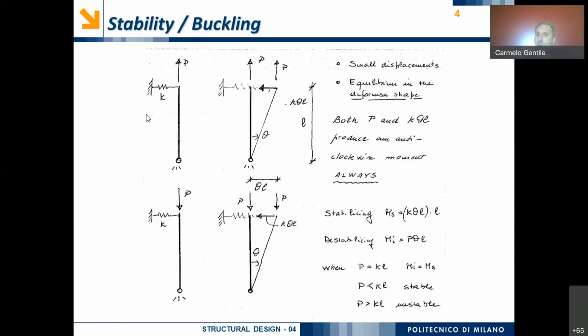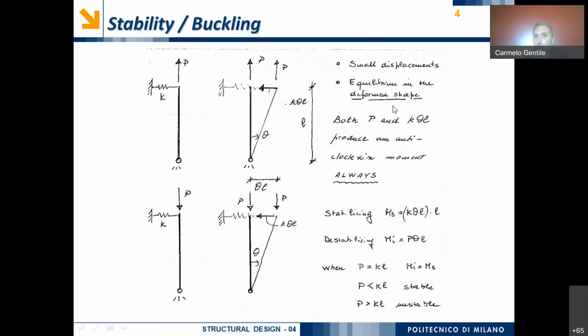Okay, now let's do something different by changing the direction of the vertical force. Now the vertical force is in compression, and I will apply a small perturbation by introducing a small angle theta. Again, I have an elongation of the spring, and so again a force in the spring.